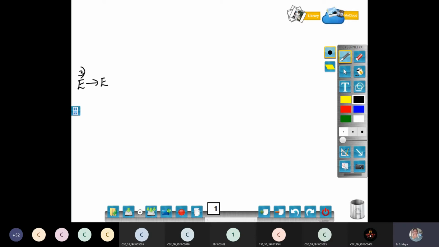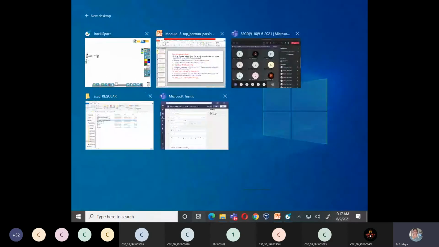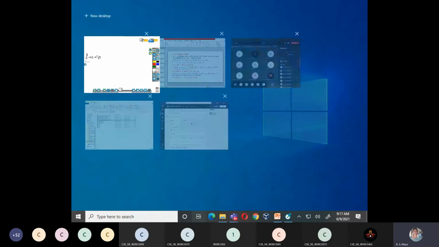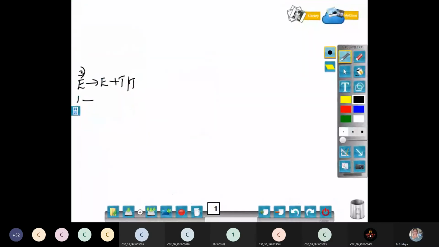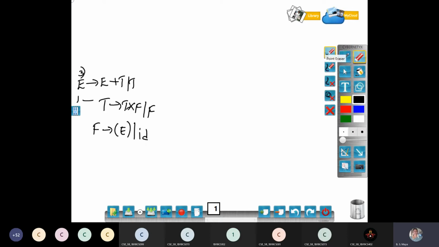E derives E plus T, T derives T star F, or F derives open parenthesis E close parenthesis or ID. The same is there in your classwork.